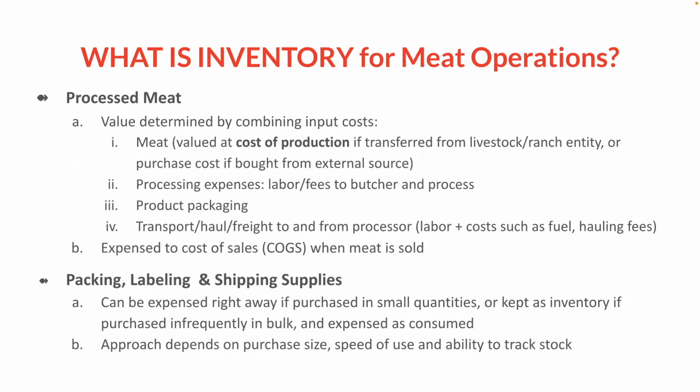Processed meat is from the harvest on, it includes a bunch of different costs. One is the cost of production, which is the cost of raising your animals. But you may not be doing that. You may not have enough animals, for example, for a specific harvest, or you may want to source this particular bunch from someone else. Then the cost of the meat itself is the purchase cost, like the cost of buying them from somebody else.